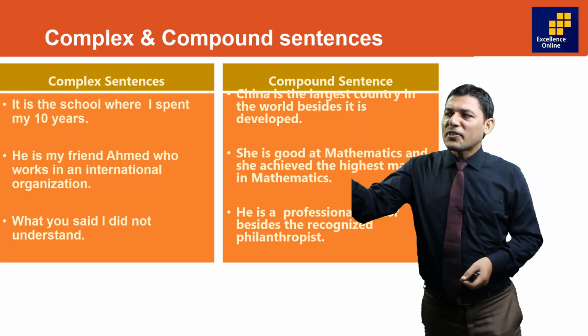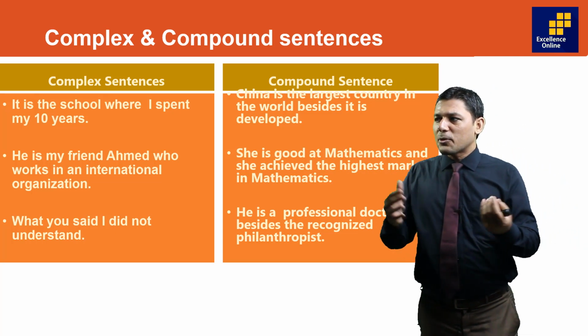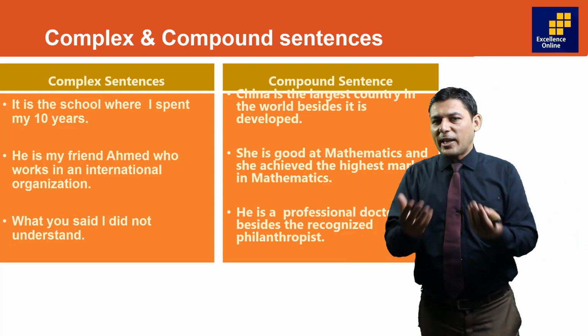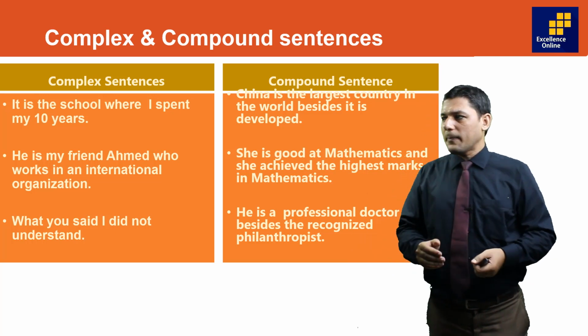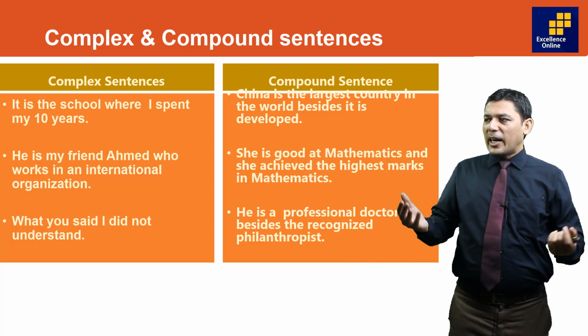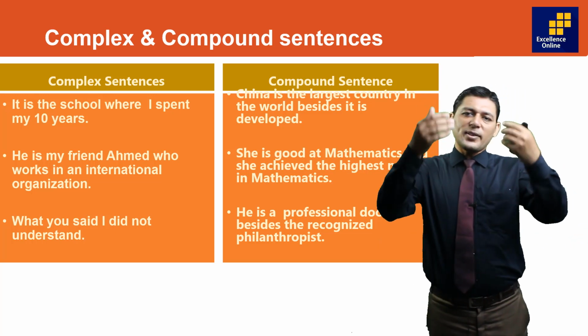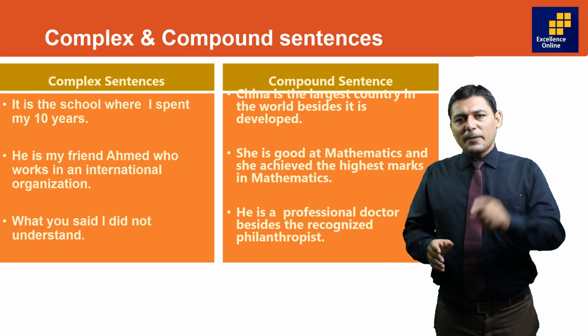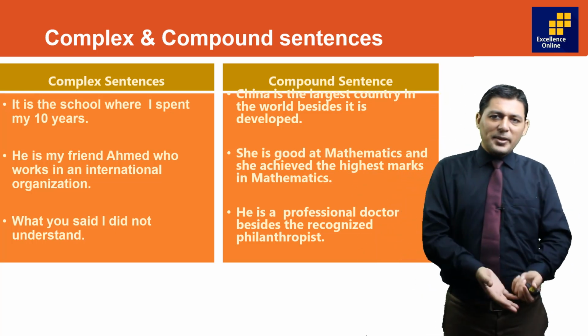Now the examples of compound sentences. She is good at mathematics. It has its own meaning and sense without linking to the other part of the sentence. And she achieved the highest marks in mathematics. This other part also has its own meaning without linking to the first part. So this sentence has two clauses and both are independent clauses.